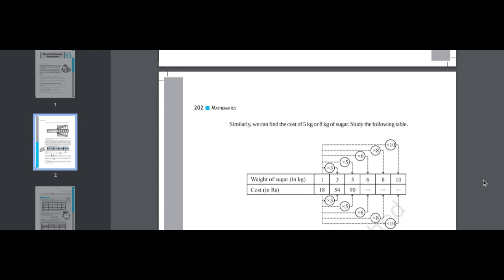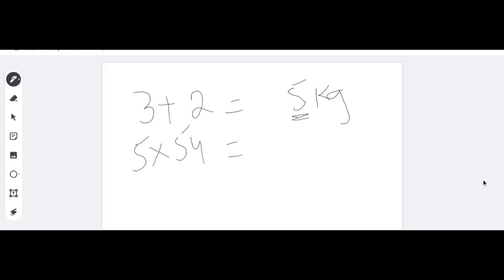But here they multiplied 18 with 3 to get 54, and then no, we just have to multiply with the 18, with only the 1 kg, the given first kg, okay? Not with the answer that we are getting. For example, I add 3 with 2, the answer becomes 5 kg.